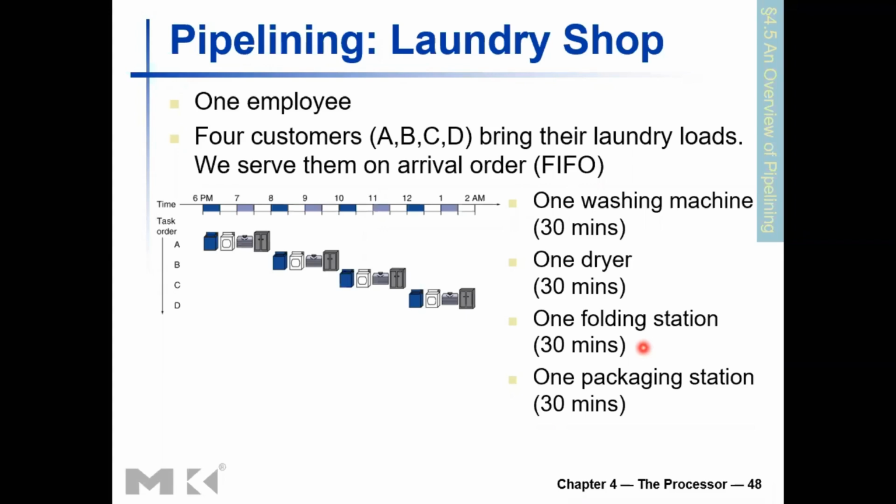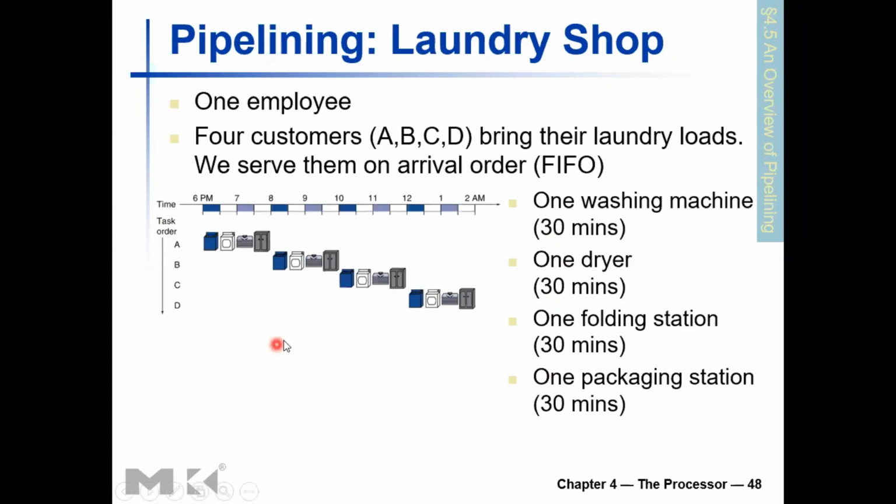Once the ironing and folding is done, there is one packaging station in the shop where the same employee will go and spend another 30 minutes packaging these ironed and folded clothes, packaging the entire load into one big parcel, and the client can pick it up. Right, so that is what happens, and each step takes 30 minutes.